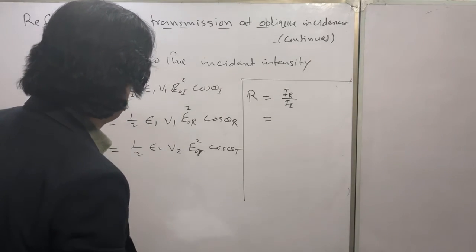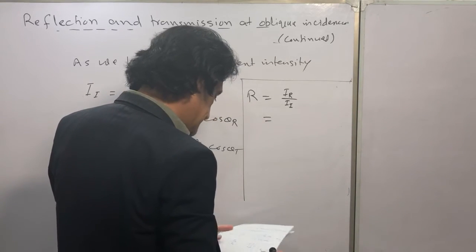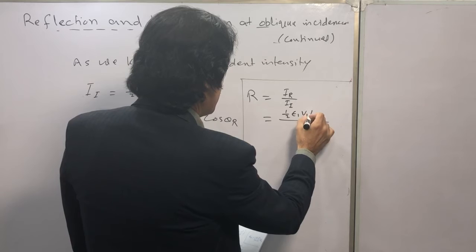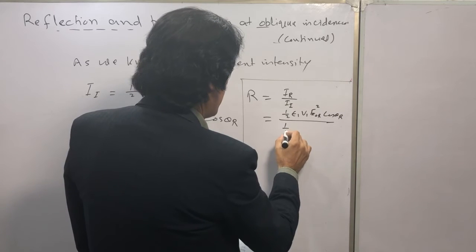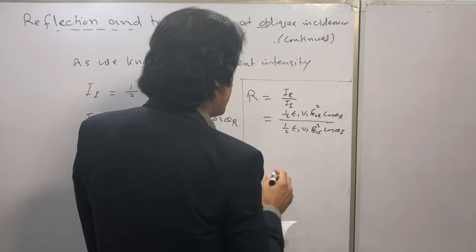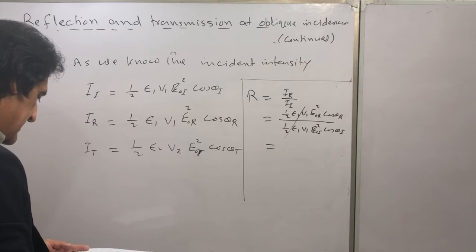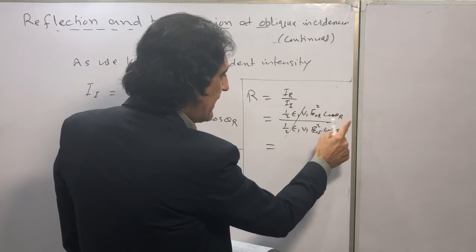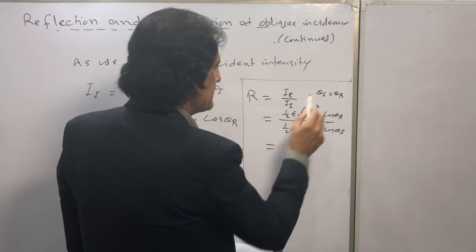Then if we put this and this, we get 1 over 2 epsilon 1 v1 E naught R square and cosine theta r, over 1 over 2 epsilon 1 v1 E naught I square and cosine theta I. So these terms must be cancelled out, and we have theta r and theta I, the incident angle theta I; from the first law theta r must be equal.